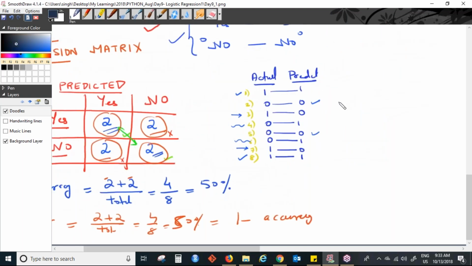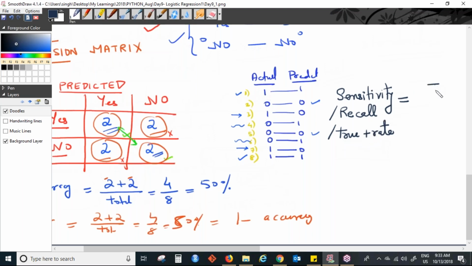Okay, so we have another parameter called sensitivity. Okay, so what is sensitivity? This is also known as recall. Okay, this is also known as true positive rate. Okay, sensitivity or recall or true positive rate. Now what is the formula for this?